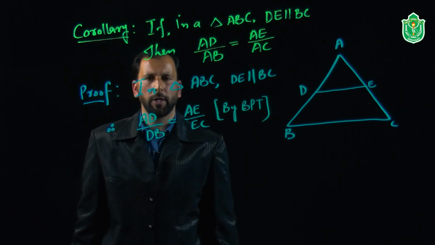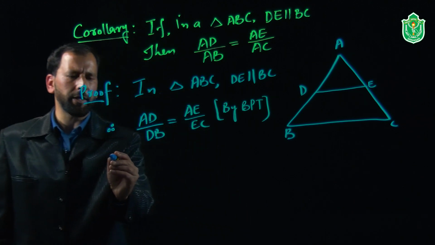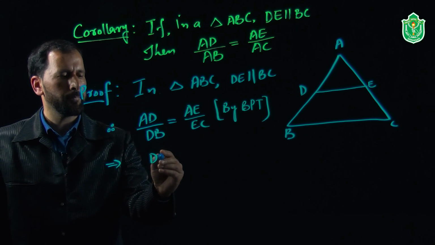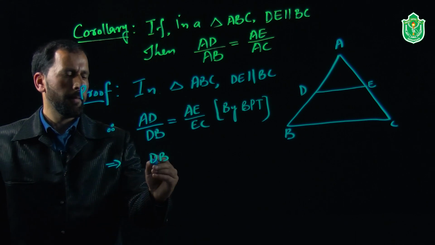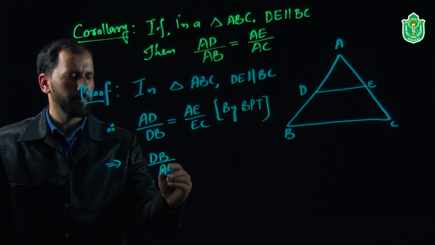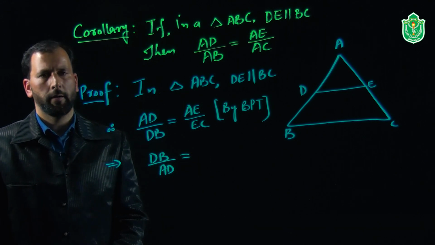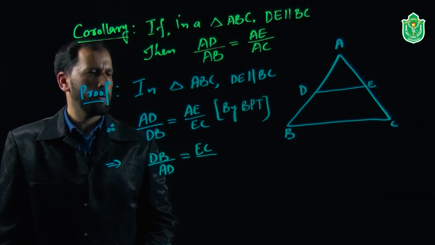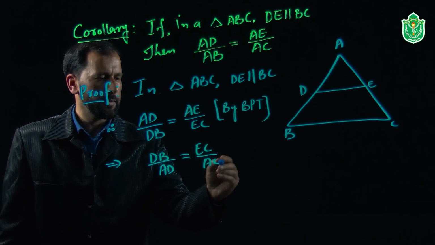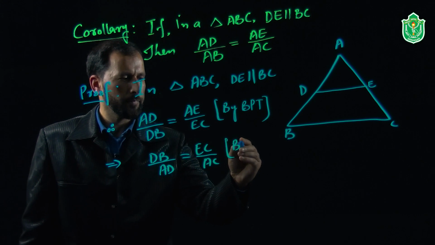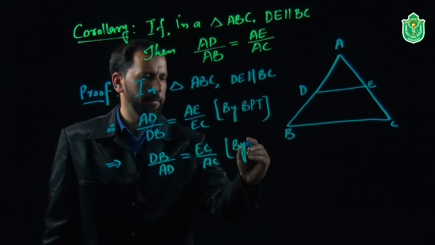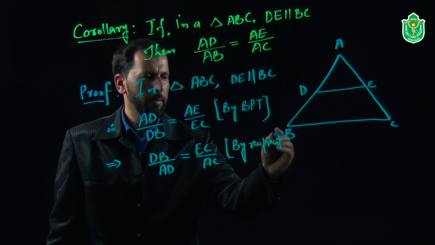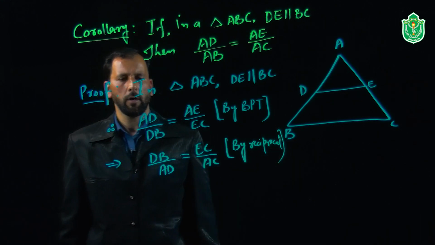If we take the reciprocal of the two, we get DB by AD is equal to EC upon AE. The reason is the reciprocal property.